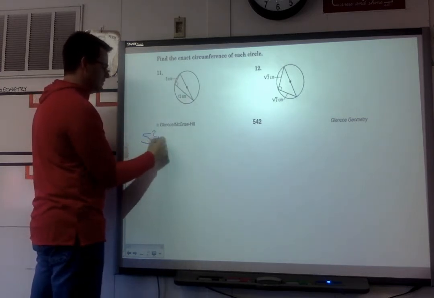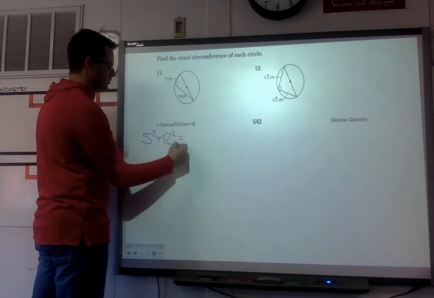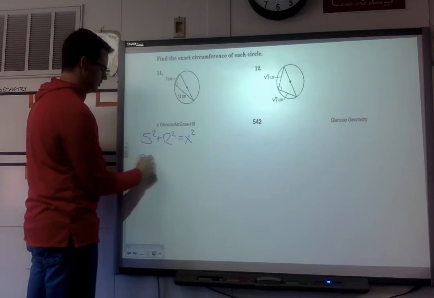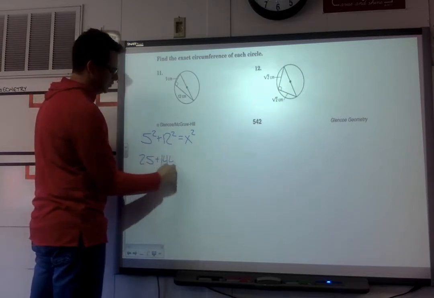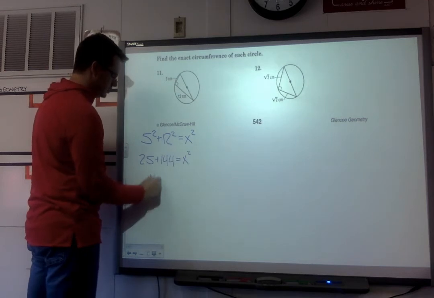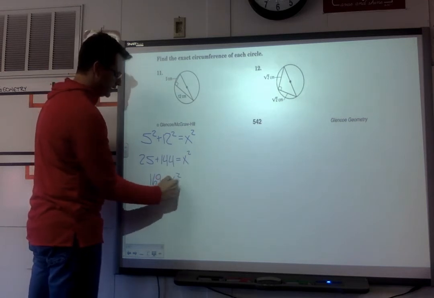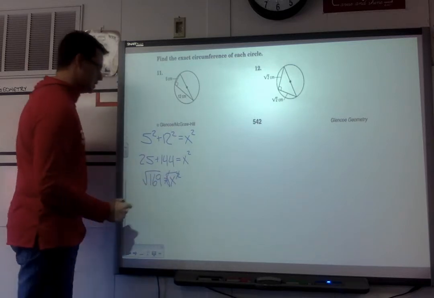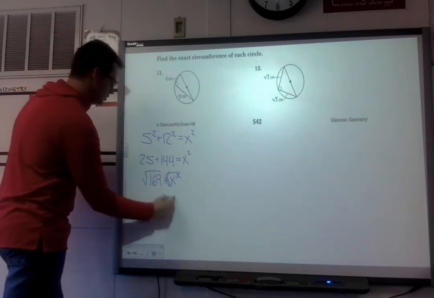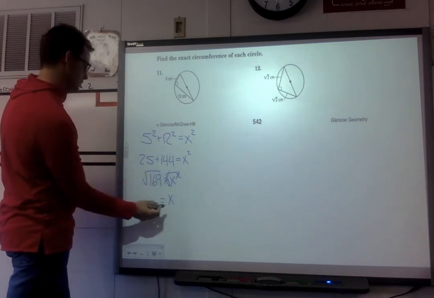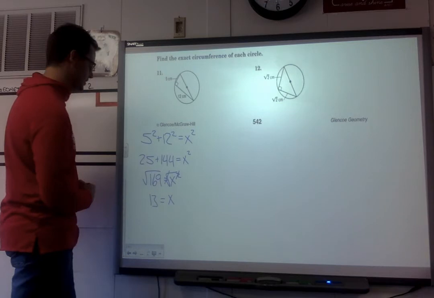So we would have 5 squared plus 12 squared equals x squared. That would give us 25 plus 144 equals x squared. 169 equals x squared. Take the square root of both sides, and we would get x equals, in this case, 13.